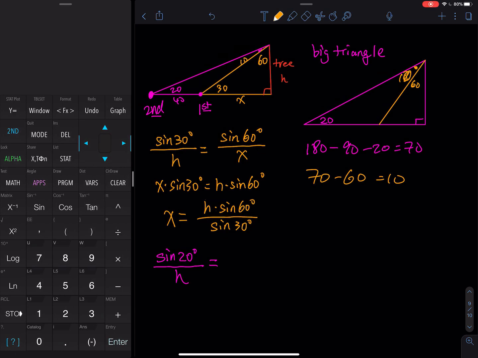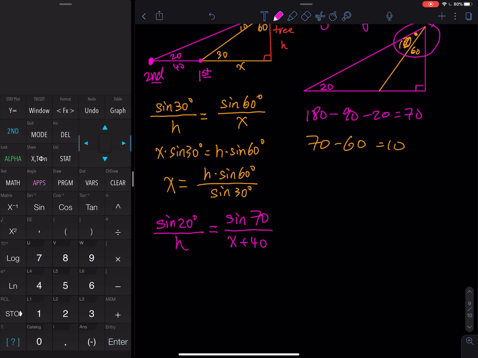Okay, so using the bigger triangle, sine of 20 over h equals sine of 70 degrees, the sum, facing the ground, right? So the ground is x plus 40. And then we are trying to isolate x on one side. We have x plus 40 times sine of 20 degrees equals h times sine of 70 degrees.